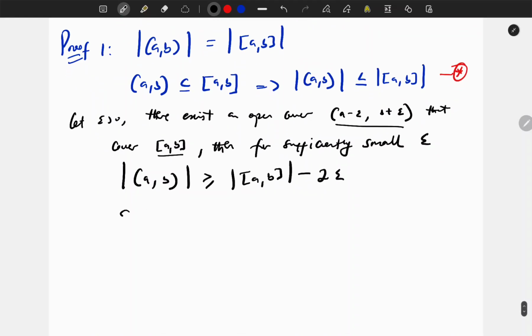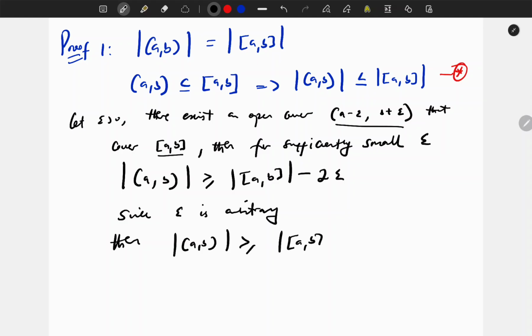Okay, and since epsilon is arbitrary, then the outer measure of (a,b) is greater than the outer measure of [a,b].